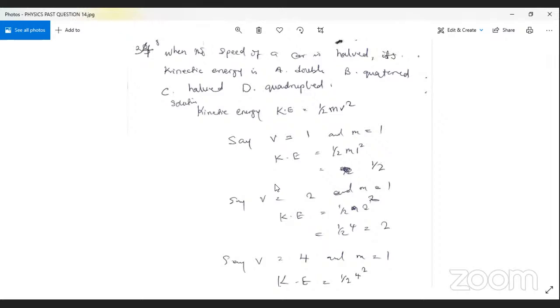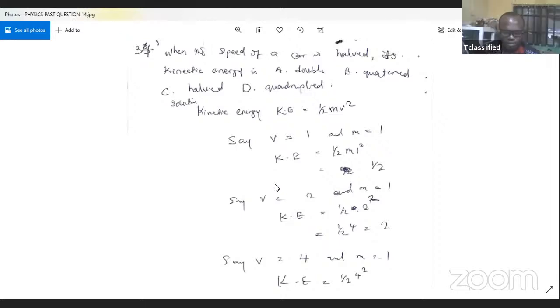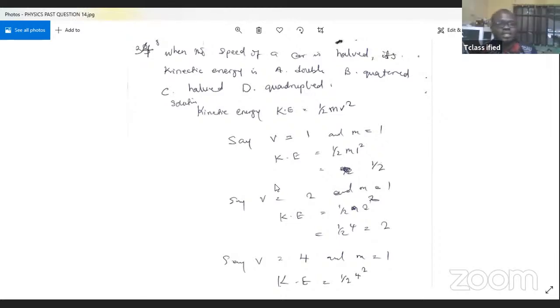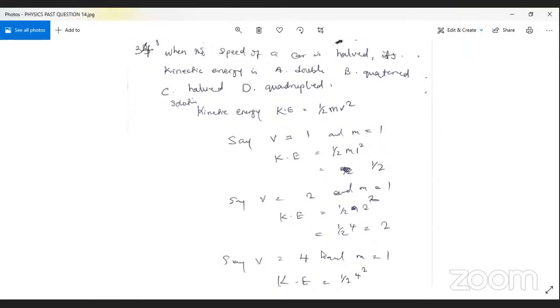I said they said the speed is half. Why didn't we put V as half? That's what I'm trying to explain to you. That's why we tested for V of 4, 2, and 1.